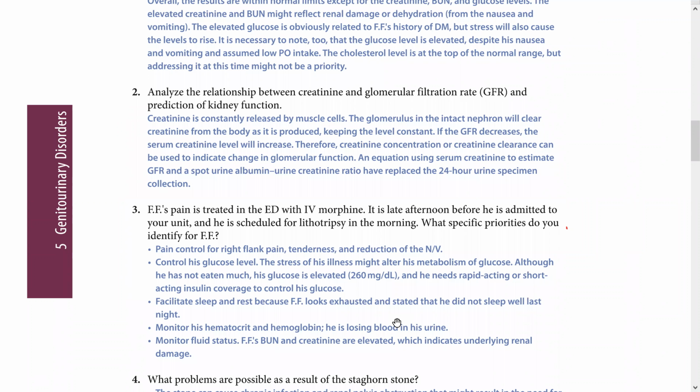So what problems are possible as a result of the stone? Pain, yep, blockage, obstruction. Good, good, good. So a stone can cause chronic infection.